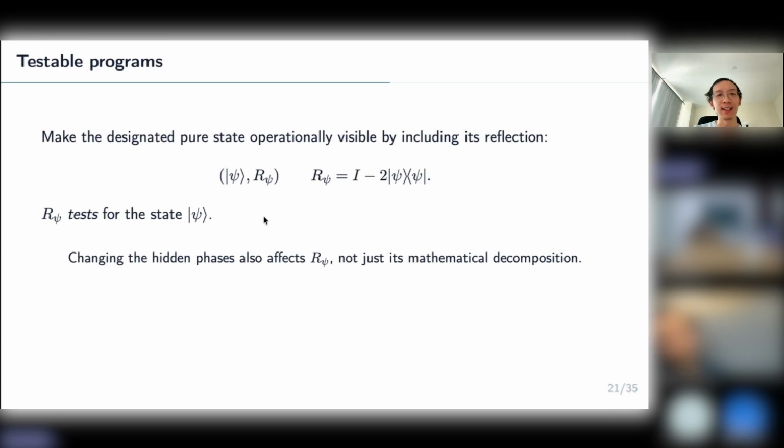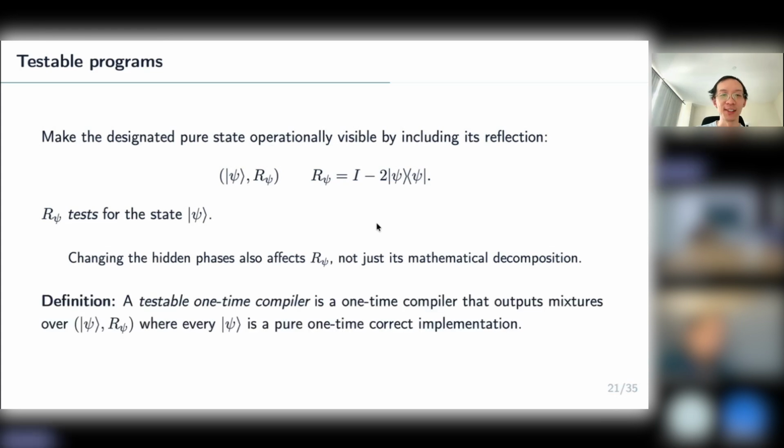So in other words, this reflection program allows you to test whether the first program is the supposed state. What this buys us is that now, when I have some mixed state, the pure decomposition is not just given mathematically. It is given by this explicit program that explicitly decomposes the mixed state into pure states. So maybe a little bit more formally, a testable program is a pair of two programs where the second program always gives you the reflection oracle for the first pure state.